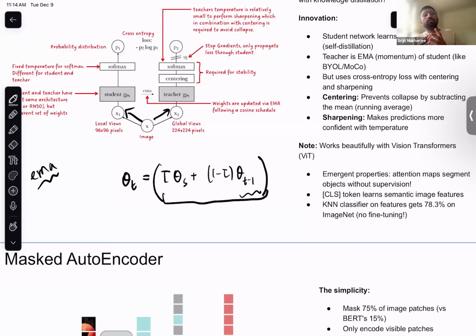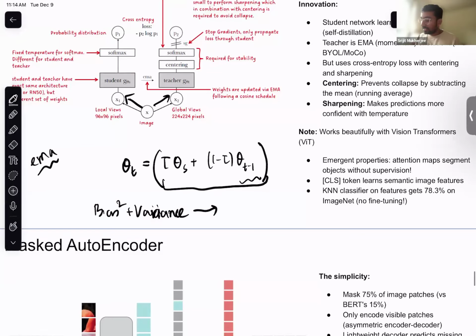Now, just like the EMA is a smoothened out version of the stock market, you can mathematically prove that this has lower bias square plus variance. And empirically, it has been shown that this has higher accuracy and lower loss.